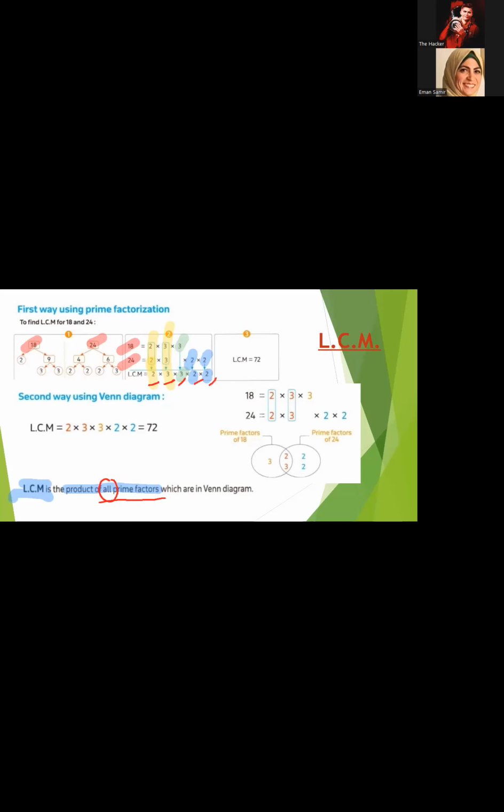So 2 times 3 times 3 times 2 times 2 equals 72, sorry. So the LCM is equal to 72, which is the multiple of 2 times 3 times 3 times 2 times 2. By this, I find the LCM.